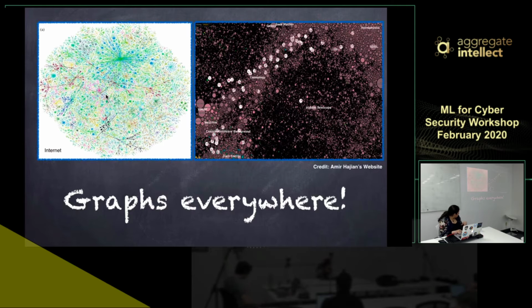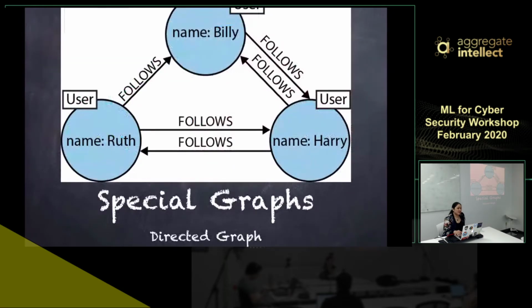The image here on the right-hand side is a graph of all the astronomical paper citations and their correlation, all the papers in astronomy and how they are connected to each other. There are types of graphs that we use. I'm not saying cybersecurity people use them more, but I've heard more about them in our world.